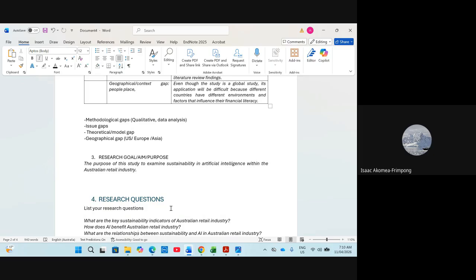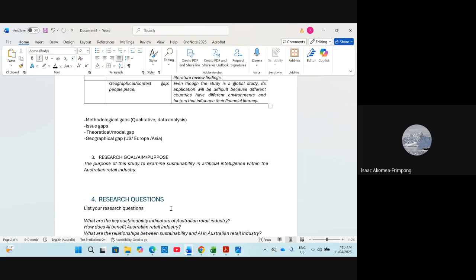That's why I mentioned that the problem statement must come on the basis of the issues that you have identified in current literature. You go ahead to state the research goal, aim. The words goal, aim, purpose are all the same. So far, I've not seen anywhere where they are not the same. So research goal, aim, purpose is the same.